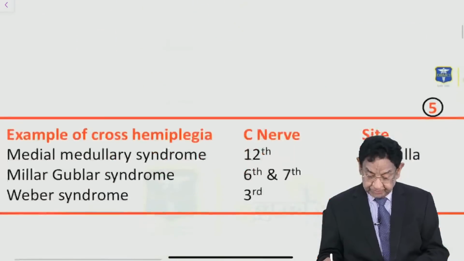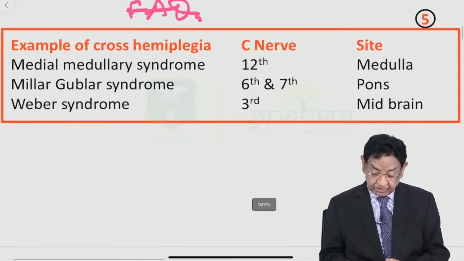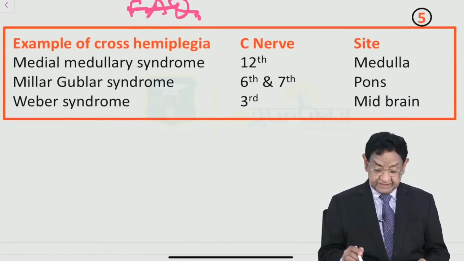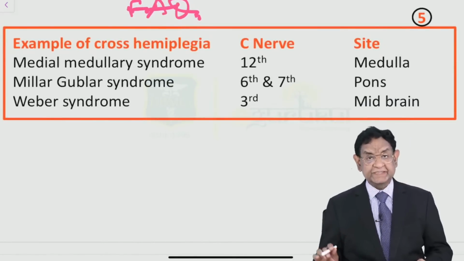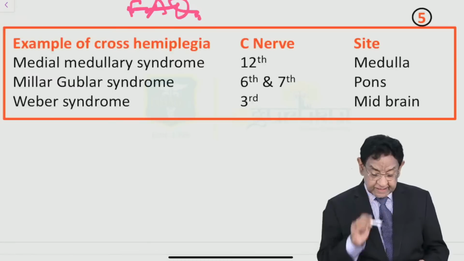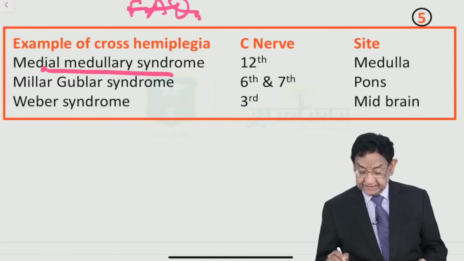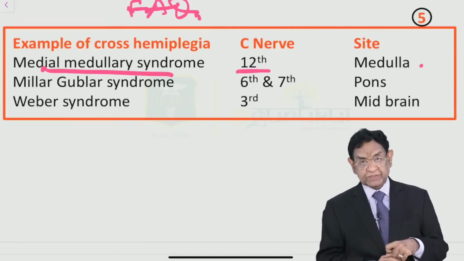Now, a very important question, very frequently asked. Examples of crossed hemiplegia. This question comes in all the exams. Like we have medial medullary syndrome: lesion is in the medulla and the cranial nerve involved is the 12th nerve.